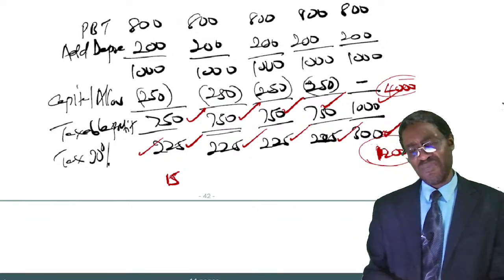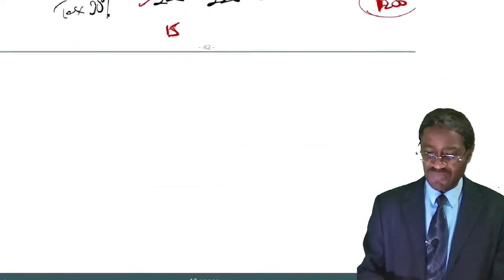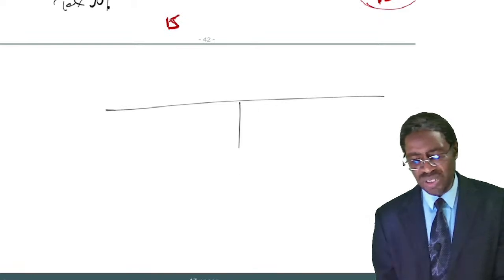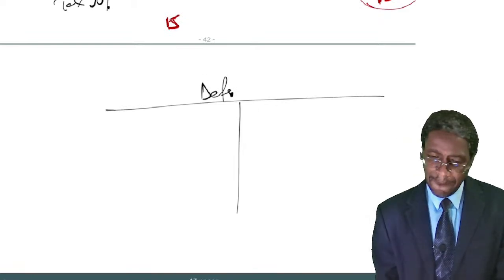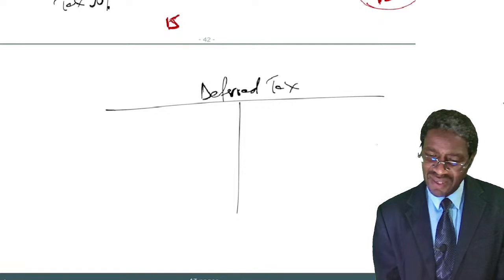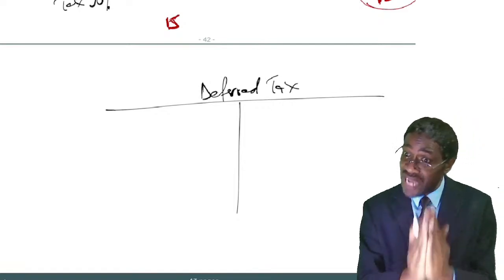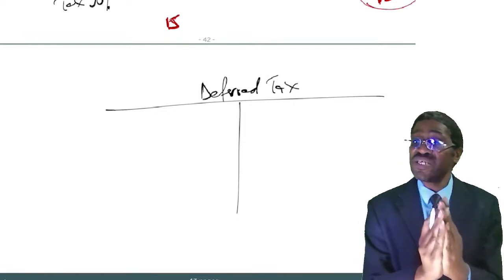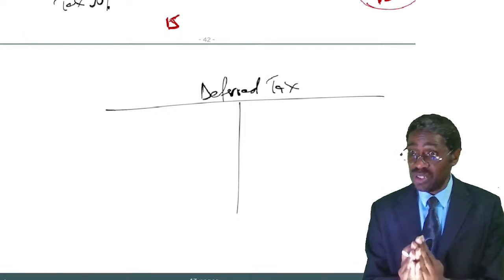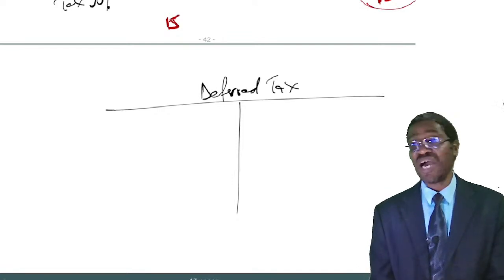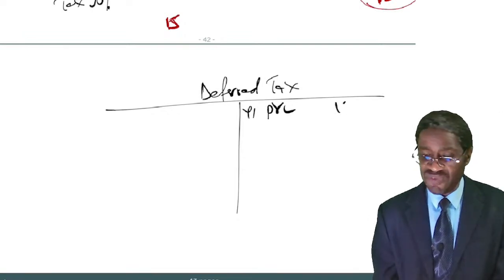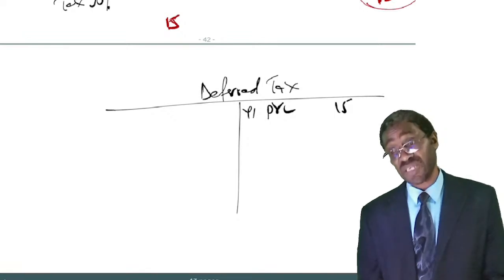So you as a businessman, you will open an account called deferred tax. I want to create a liability now to be paid in the future. We all know a liability is always a credit balance. So to create a liability, I'll have to credit this account, which means in year 1, I'm going to debit P&L account by that 15, and I'm going to credit deferred tax.